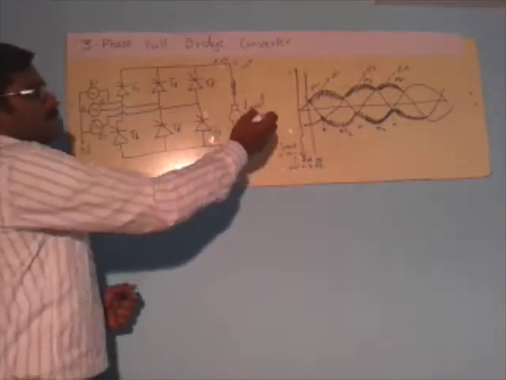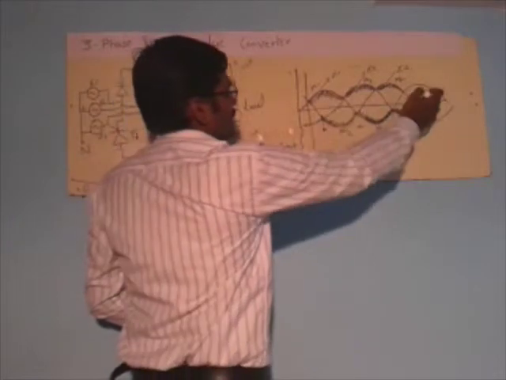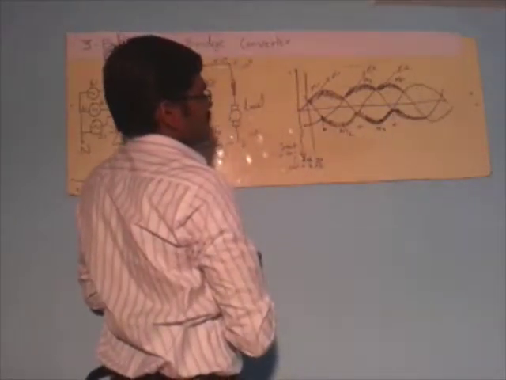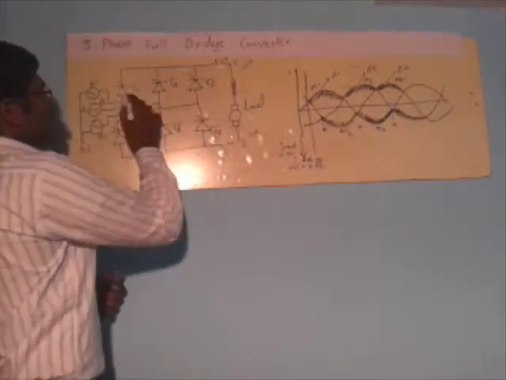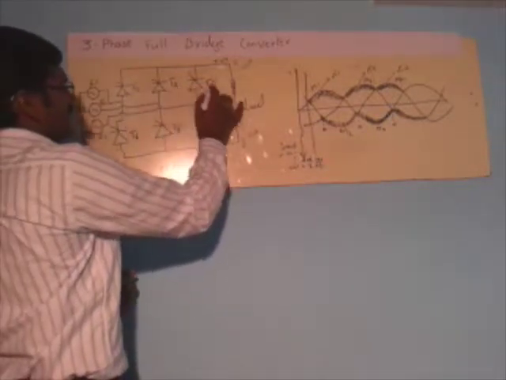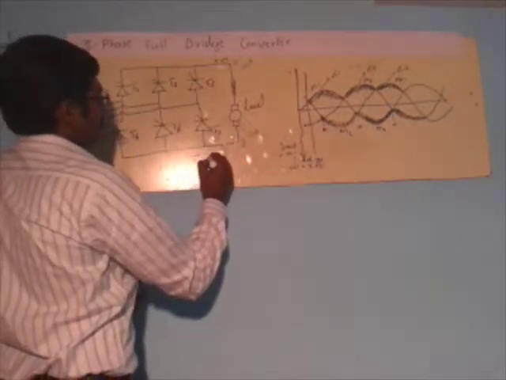You can see here the positive side: thyristors T1, T3 and T5.